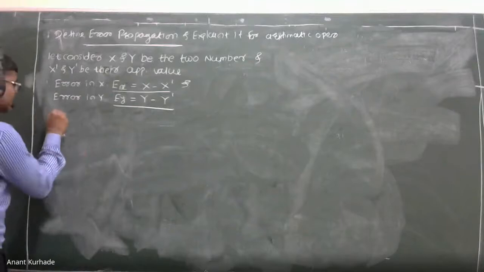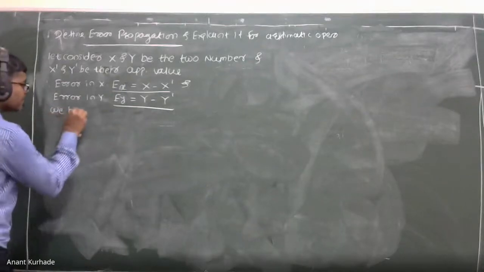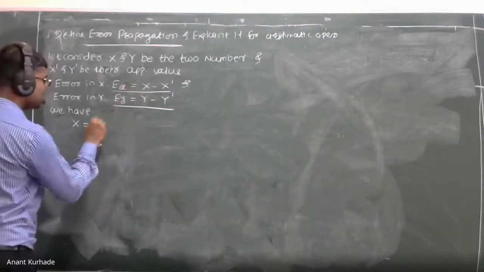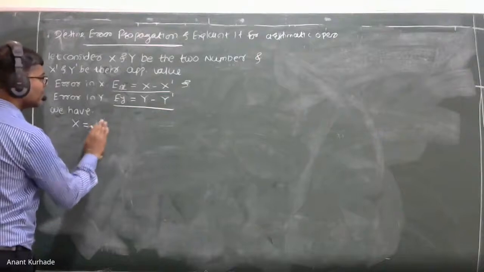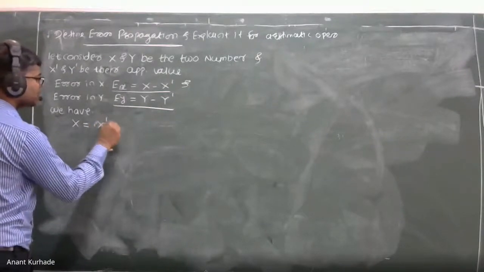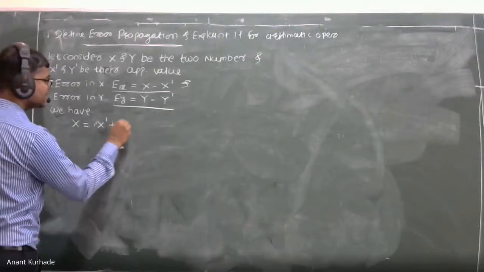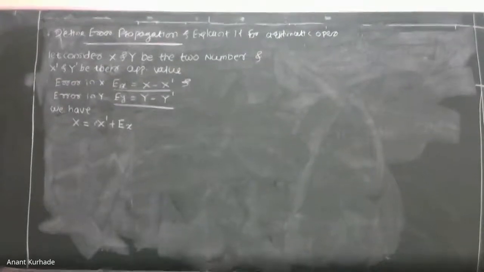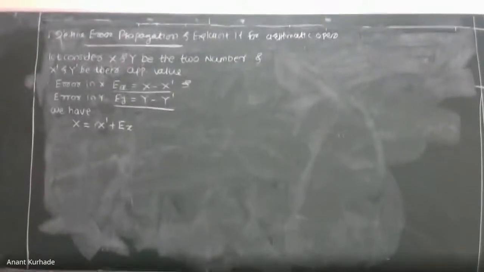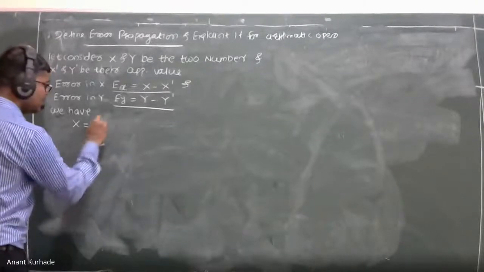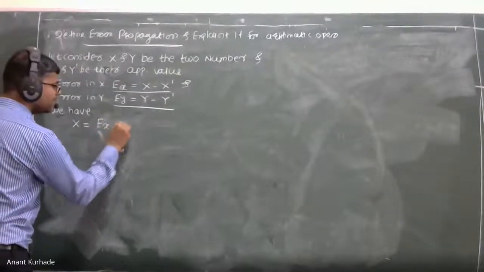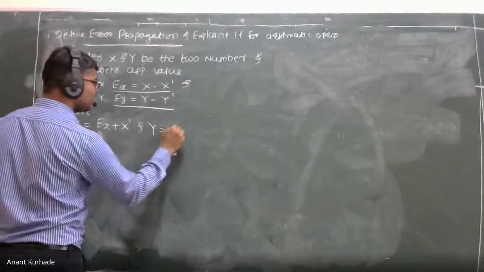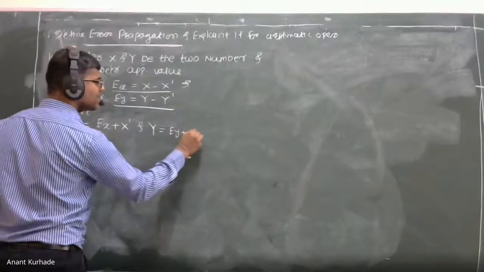So again we can write capital X is equal to x dash plus EX, or we can write EX plus x dash, and capital Y is equal to EY plus y dash.